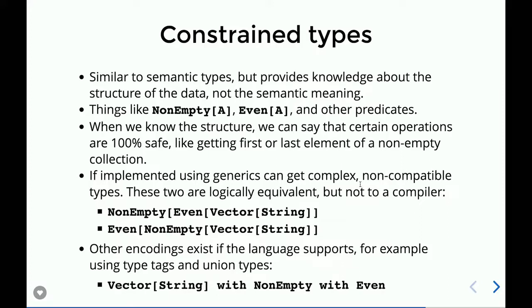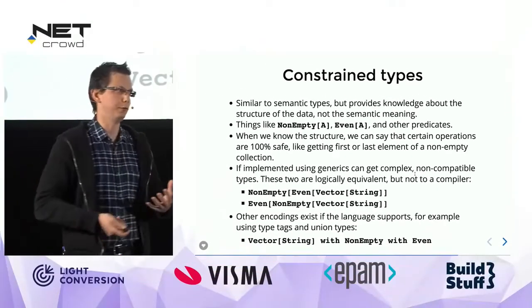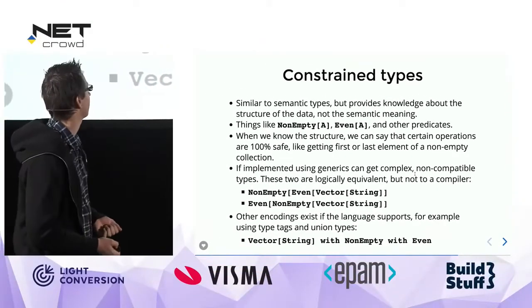And when we know the structure, we can say certain operations are always 100% safe. Like if we have a non-empty collection, it's obvious that we can always take a random value safely, and the first value safely, and the last value safely. And reduce is always safe.